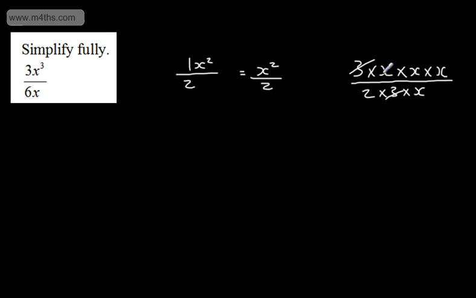We will have now one of the x's cancel, and that simply leaves us now x squared over 2. This isn't an efficient method of doing it, as when it gets quite large in terms of the powers or these values right here, we simply need to use either the rules of indices or just work through on a bit of logic. And with your numbers, again, if they're large, just think, what is this one divided by that one?